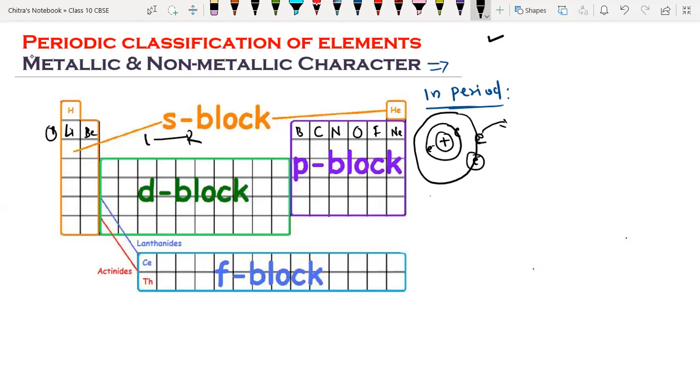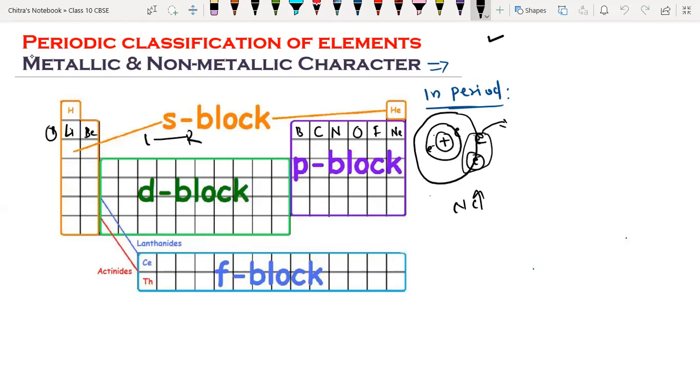No, here electrons are added in the same shell. If electrons are added in the same shell, nuclear charge increases, we have already gone through that. Due to the increase in nuclear charge, the force of attraction between the electrons of the outermost shell and the nucleus will increase, and it leads to a decrease in atomic size. We already gone through that. Is it or not?